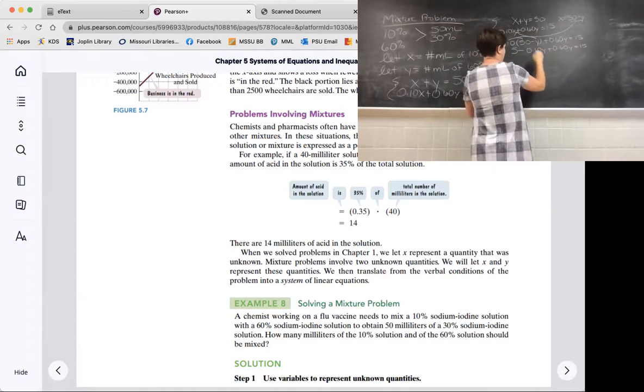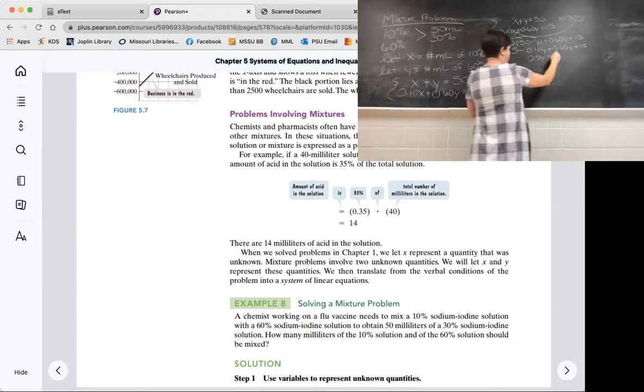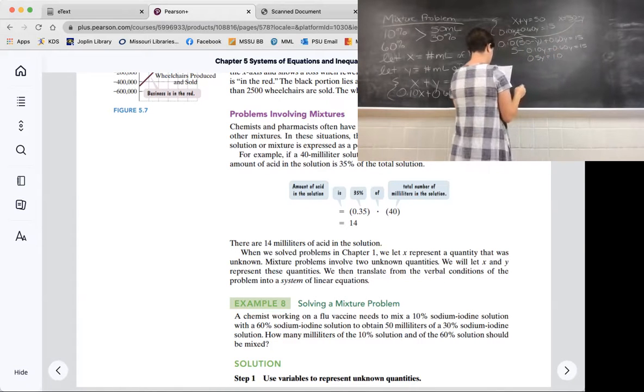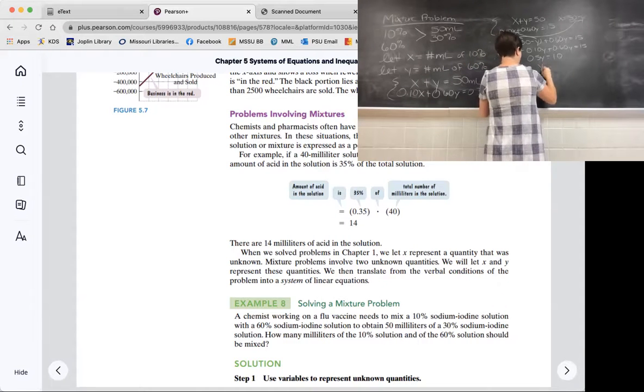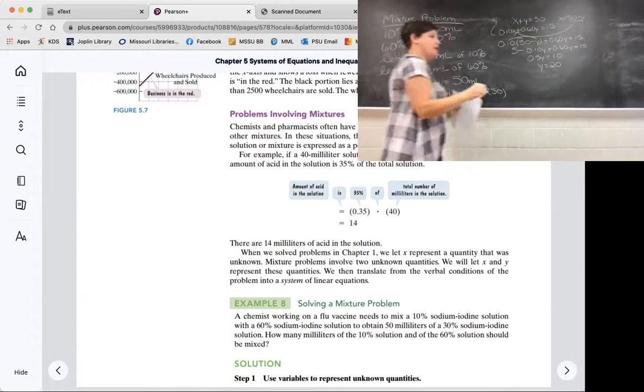I'm going to combine my Y's where I have 0.5Y. Subtract this 5 over to get 10. Divide both sides by the 0.5, and I get Y equals 20. Now, what was Y? Y was the number of milliliters of the 60%.